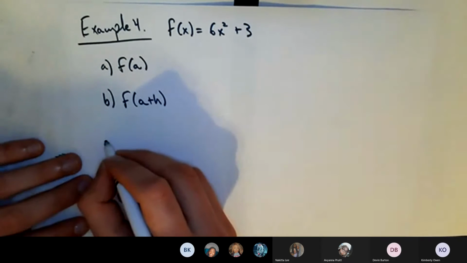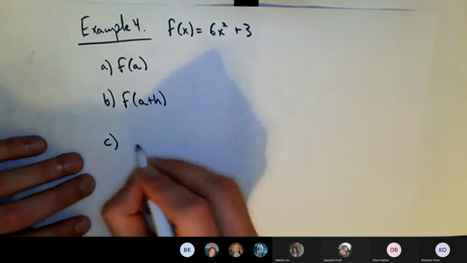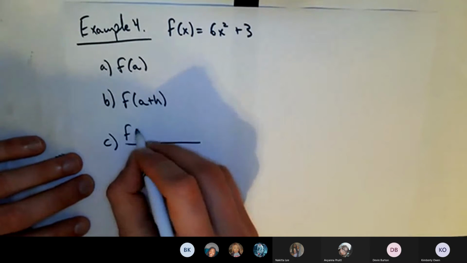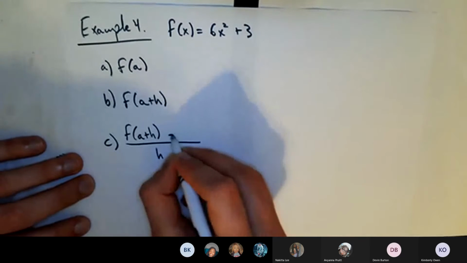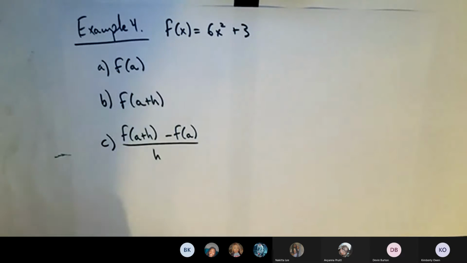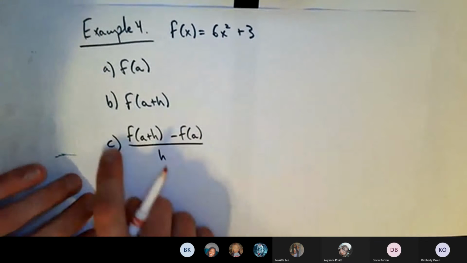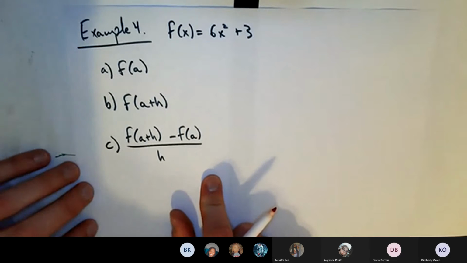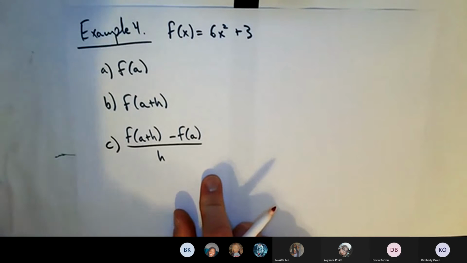And then part C, we're going to put it all together into this crazy looking thing that you won't see again until much later in math, if you're even going to take more math. But this equation is actually super important in math later on, in calculus.